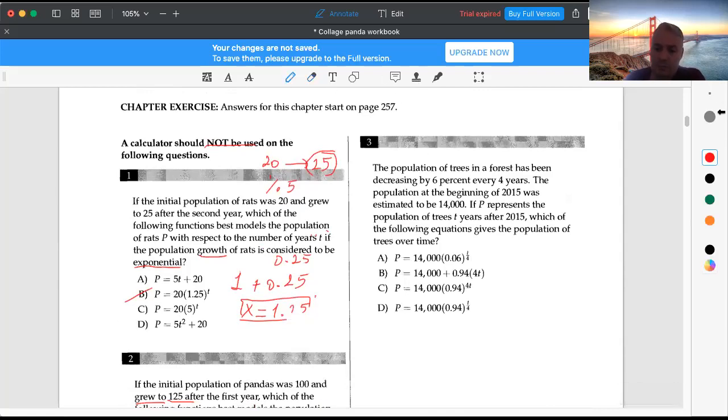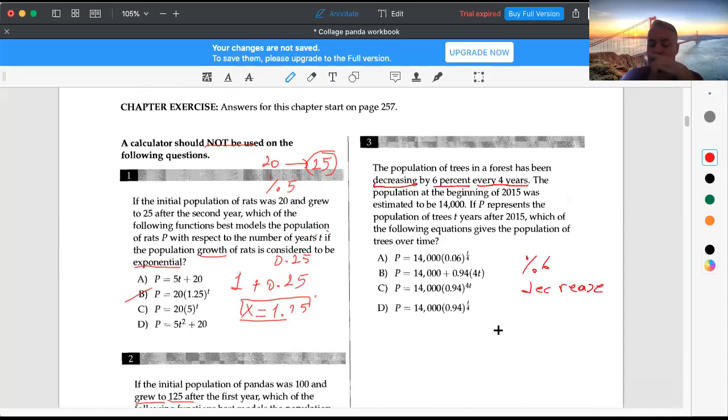First of all, the population of trees in a forest has been decreasing. So not increase, now decrease by 6%. So 6% decrease every 4 years. Be careful, not every year, every 4 years.